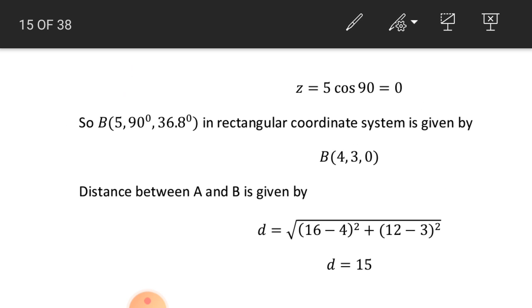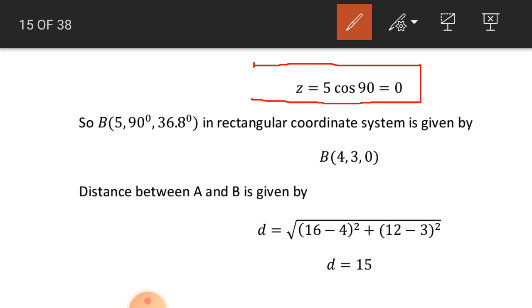Let us calculate the z coordinate of this point. Z will be equal to r cos theta. So z is 0. So we have converted this point B to the rectangular coordinate system. The x coordinate of this point is 4, the y coordinate is 3, the z coordinate is 0.